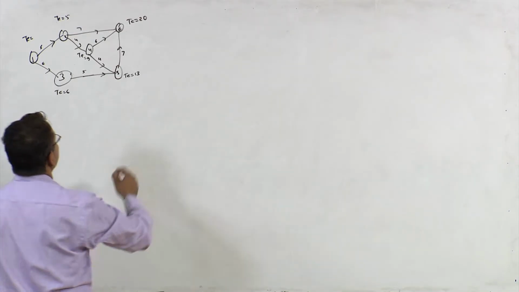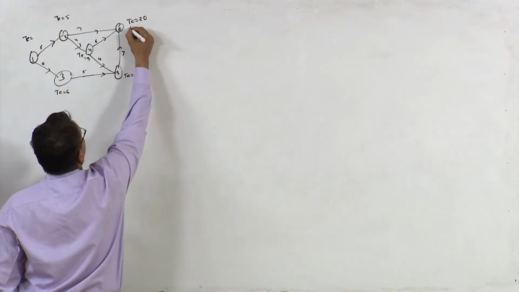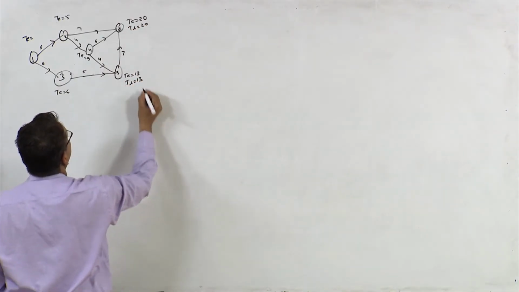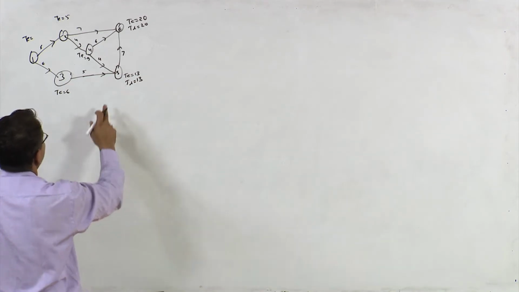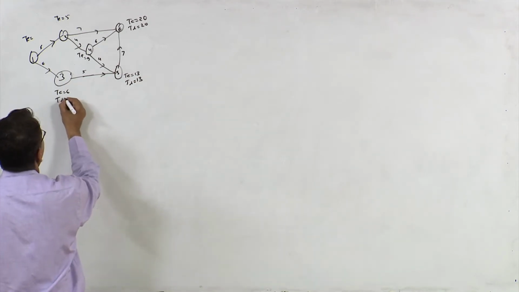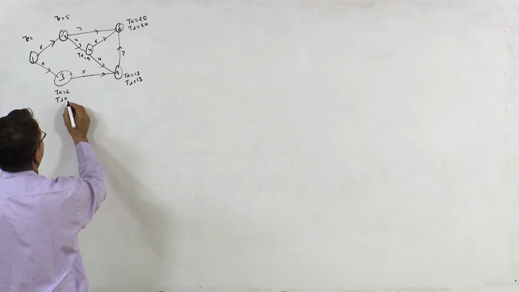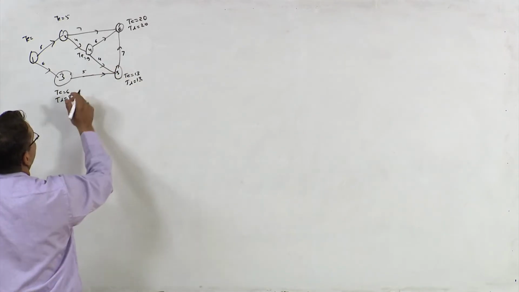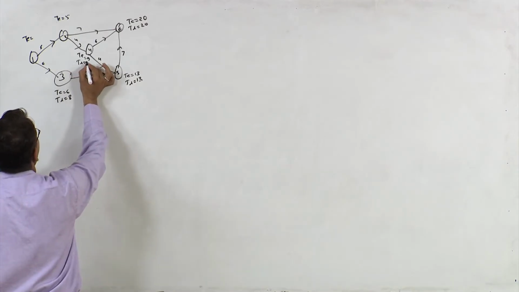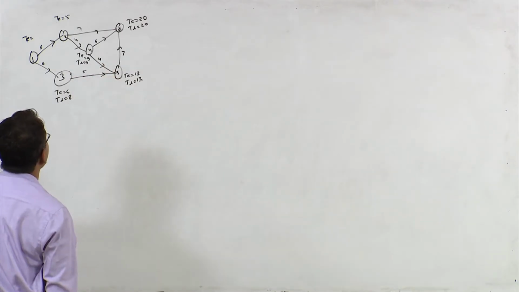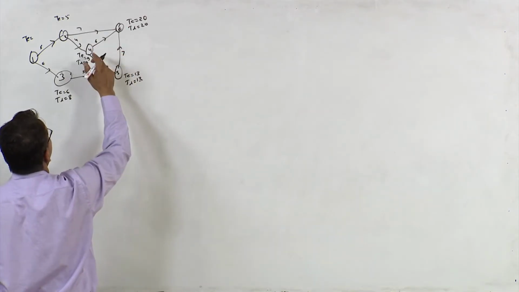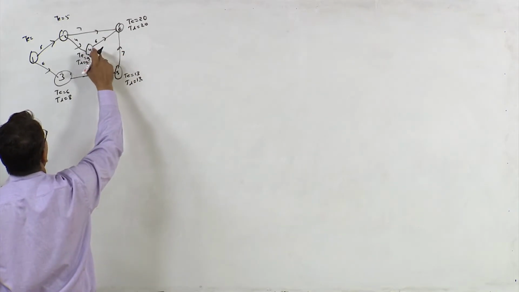Let us look at TL values. TL is equal to 20, TL is equal to 13, right? TL here is 13 minus 5 is 8, right? 13 minus 4, TL is 9, right? Of course TL from here it would be 20, right? So let us not write that value.